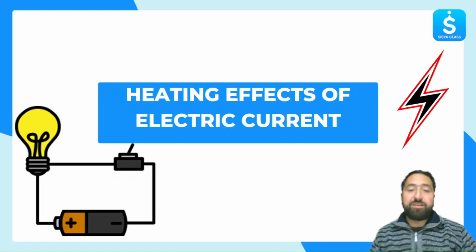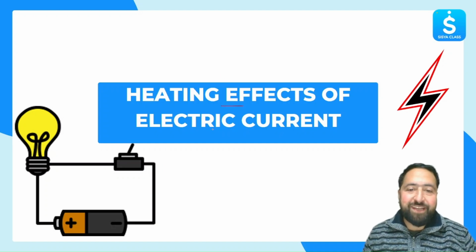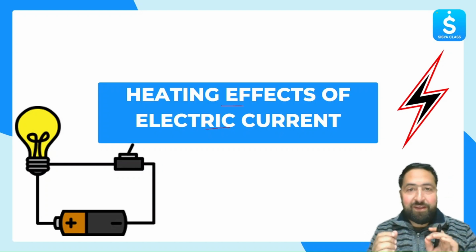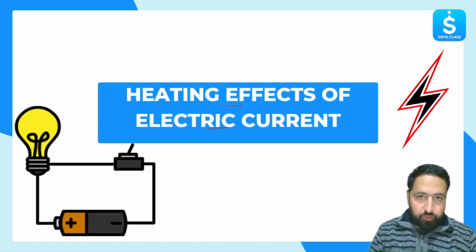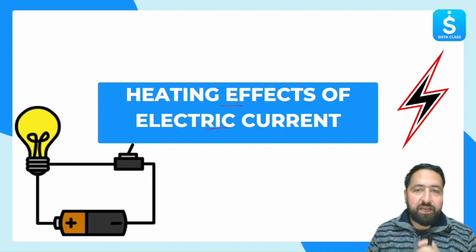So my dear students, in this video we are going to study the heating effects of electric current. We know that whenever electric current passes through a conductor, it shows many effects, and one of those effects is the heating effect of electric current.